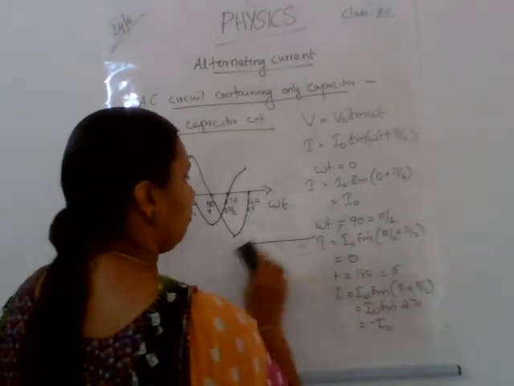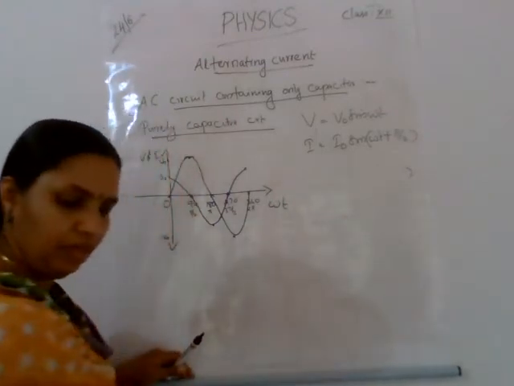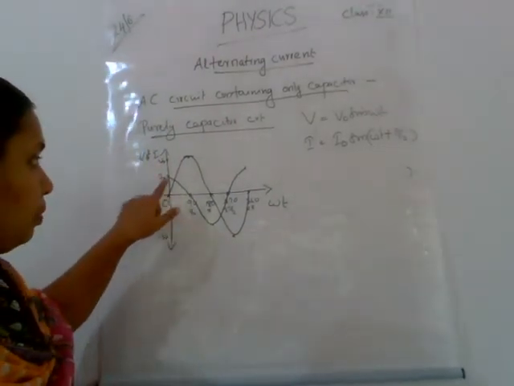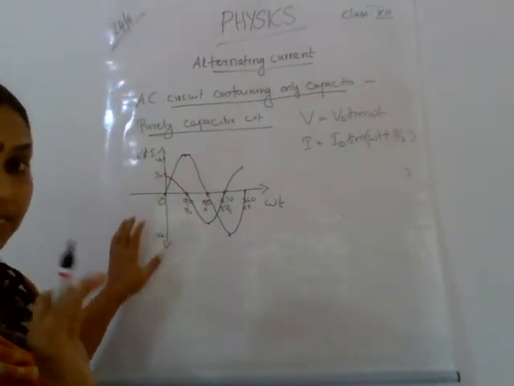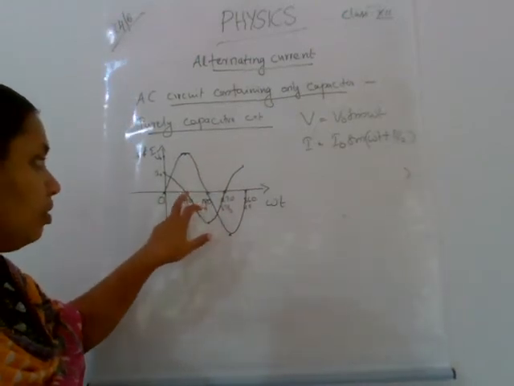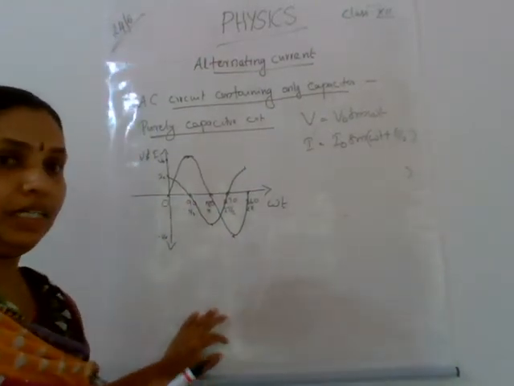So look at the graph. It is very clear from the graph. Voltage 0, but current is not 0. There is a current across the capacitor. And voltage becomes maximum. What happened to the current? The current becomes 0.